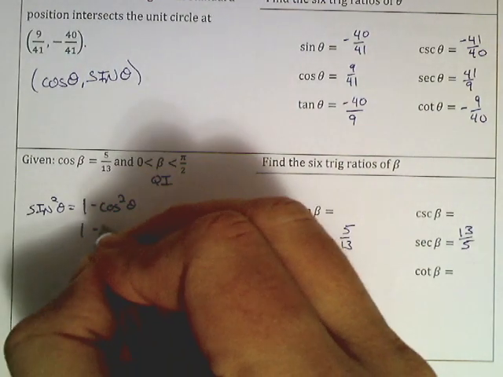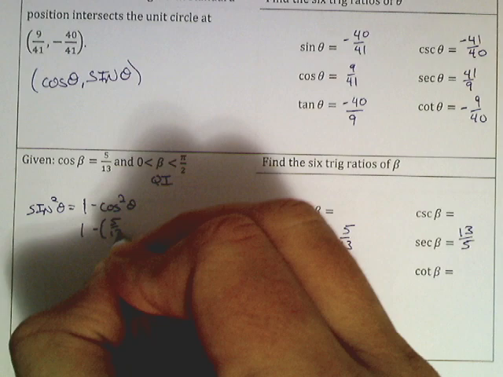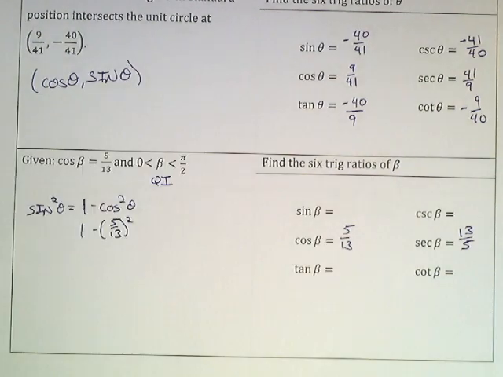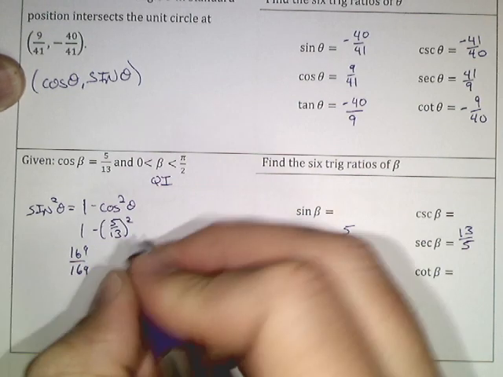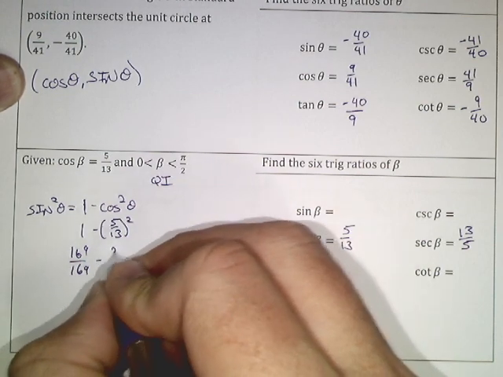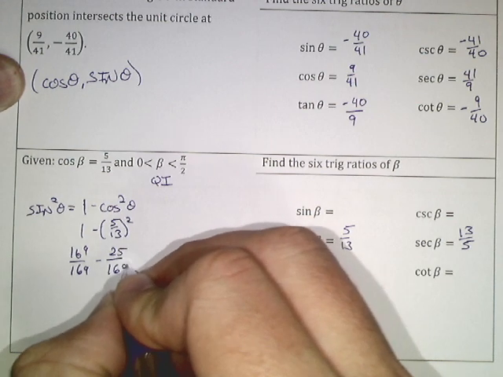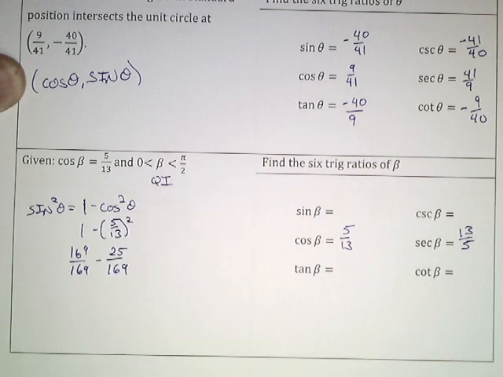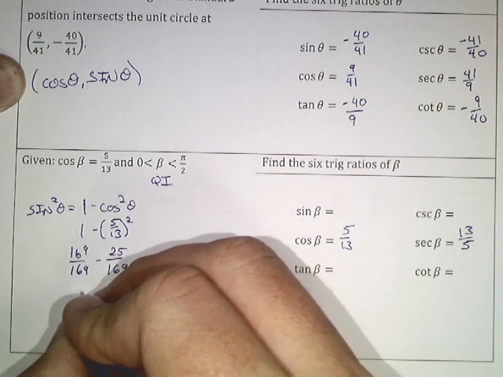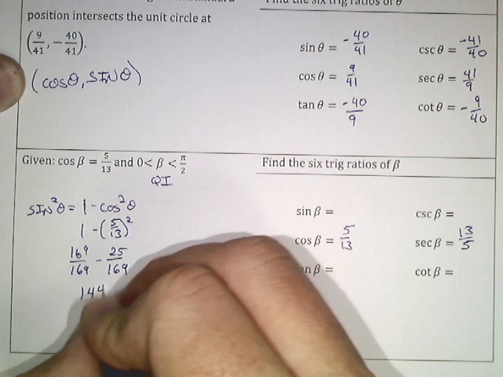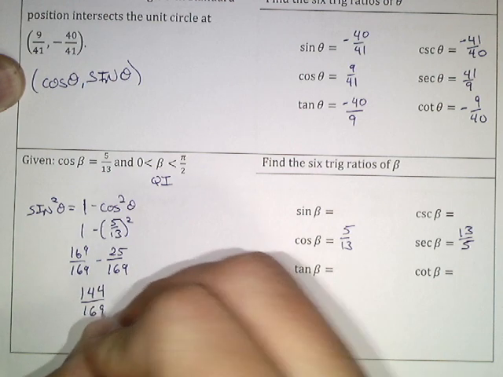Plug in what we know, which is cosine, 5/13 squared. So we'll do 169 over 169 minus 25 over 169. 169 minus 25 is 144 over 169.